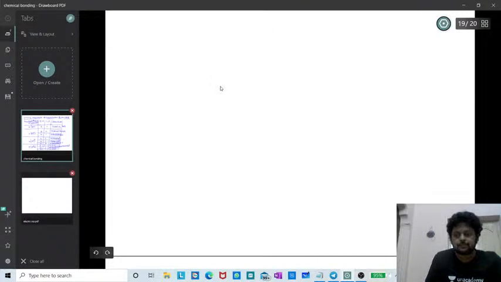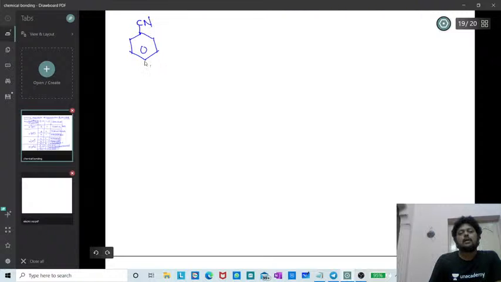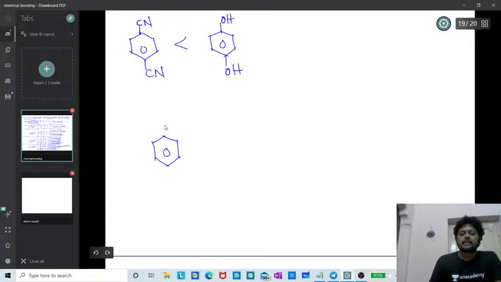Next, for example, if we take this compound, CN and this other one, out of these two, which has more dipole moment? More dipole moment for this compound. Why, I will explain now. This CN has linear geometry like this.